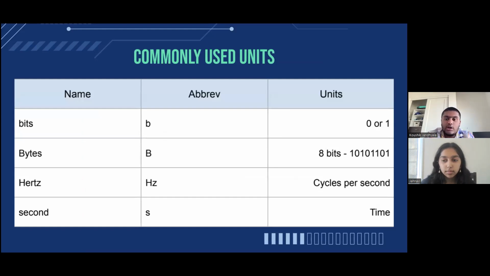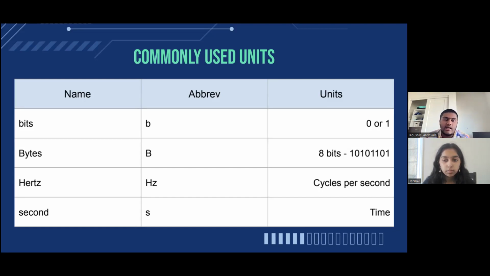Some commonly used units in computer science are bits, bytes, hertz, and seconds. A bit is a one or a zero, and it is a fundamental concept in computer science. A byte consists of 8 bits. 4 bits is considered a chomp. 3 bits is considered a nibble.